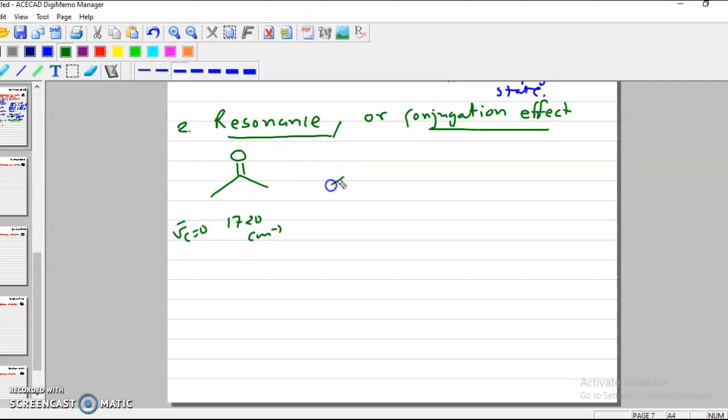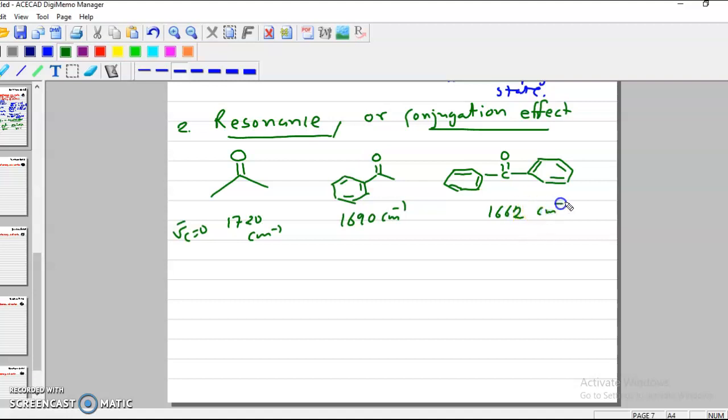Now in case of an aromatic ketone, due to conjugation of the double bond, resonance appears and the band appears at 1690 cm⁻¹. If we take this example, in which there are two aromatic rings attached to the carbon of C=O, more conjugation appears and the band appears at 1662 cm⁻¹.